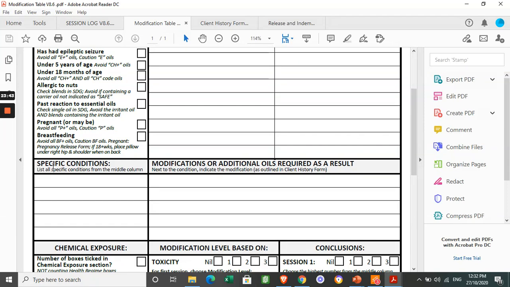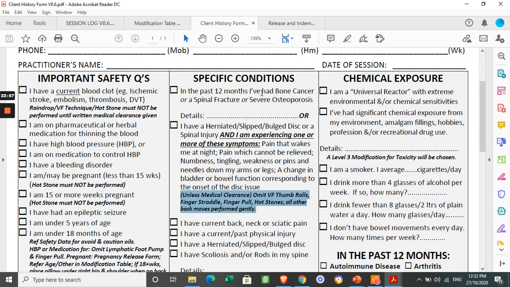And you can see now we're in the middle of the form. And it's got specific conditions. And then it's got the modification or additional oils required as a result. Okay? So in this situation, if someone said, I've had bone cancer, they've ticked that, the details is bone cancer.